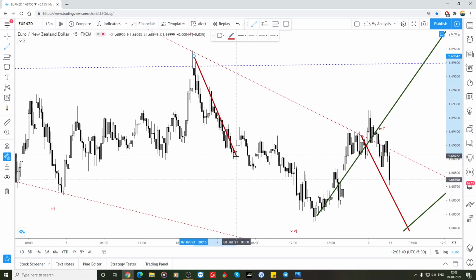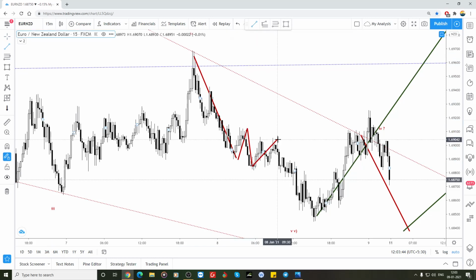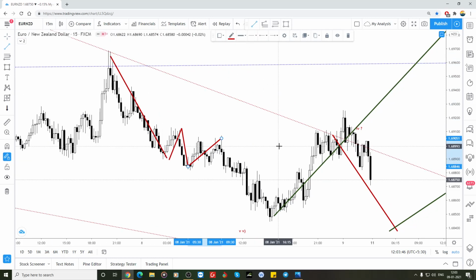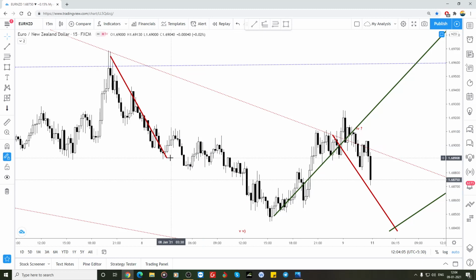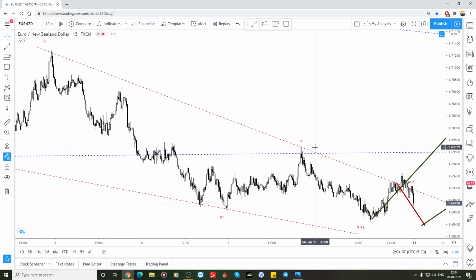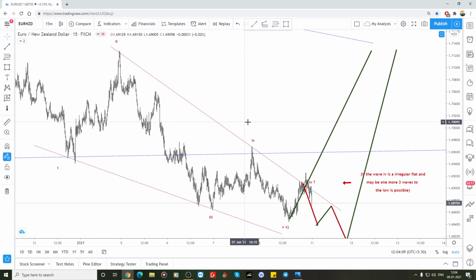See 5. So this could be a 2. See, here is the 3. Here is the 4 and here is the 5. It's looking like that in the 15 minutes also. But what I'm trying to say is if the fourth wave is still ahead, that is why I told you, right, we can't stick to our own analysis.